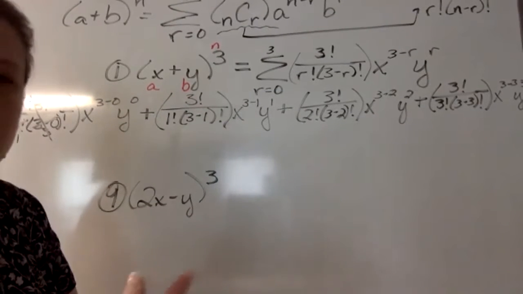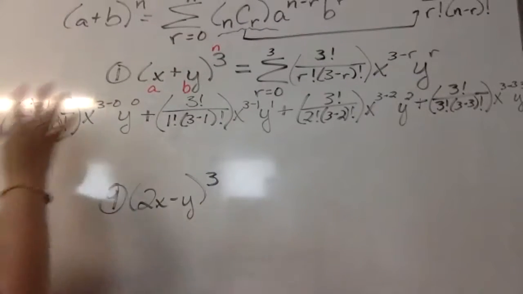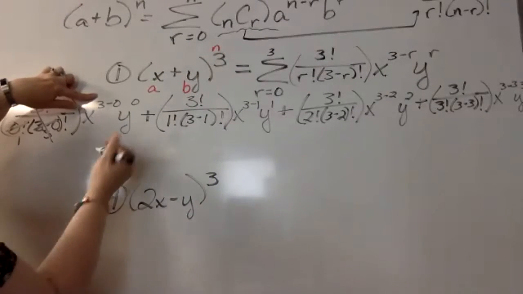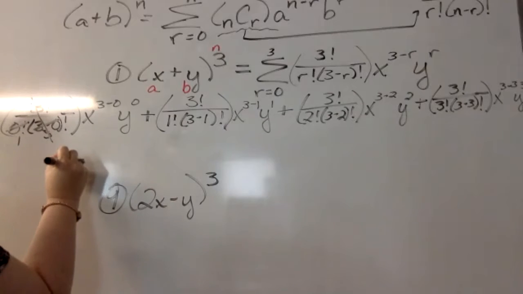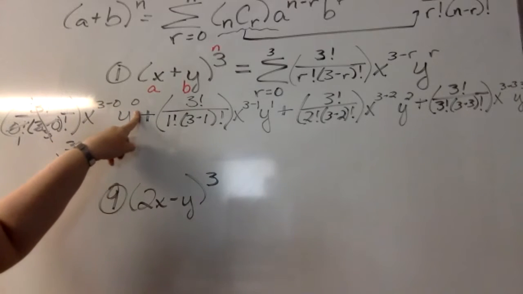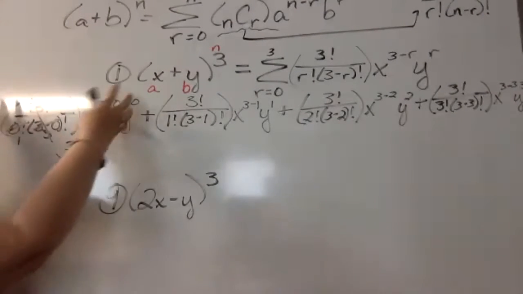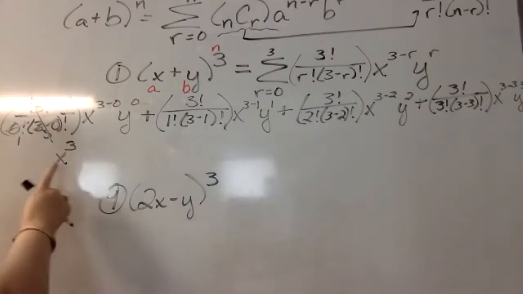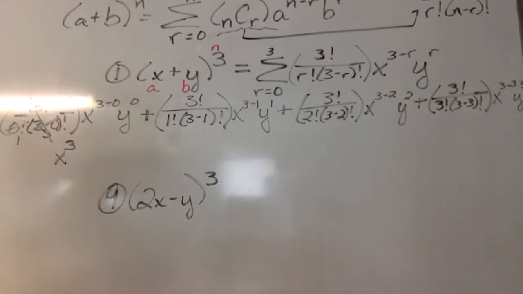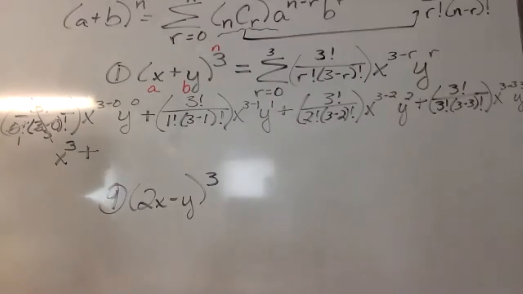No, we usually don't put the coefficient of 1 in front of a variable. So that part's 1, we're good with that. 3 minus 0 is 3. And again, anything to the 0 power, I just said a moment ago, was 1. So do we need that? No. So my first term, all this stuff right here, is equal to just x to the third. Wow. All of that first part was just x to the third.